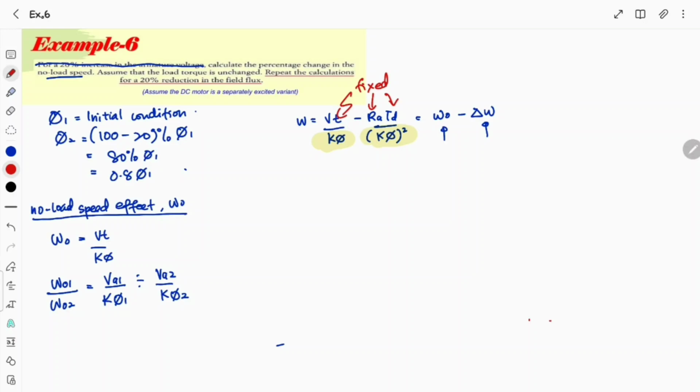There are no changes, we only change the flux, and we need to see what is the effect of these changes towards your motor speed, and motor speed involves the no load speed and the speed drop.